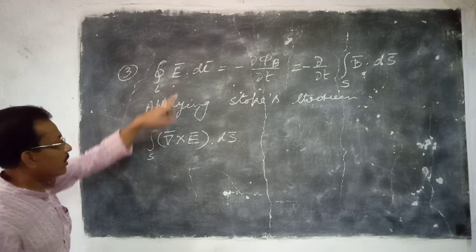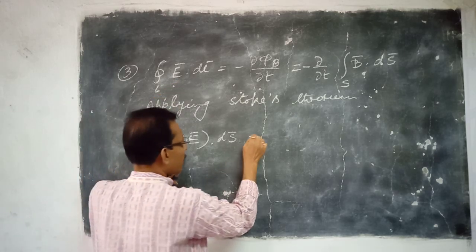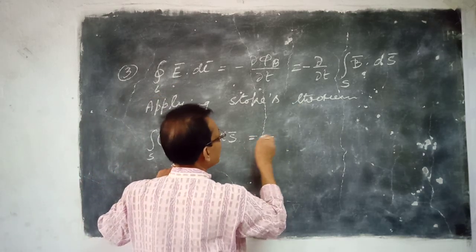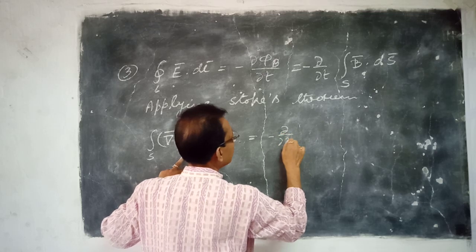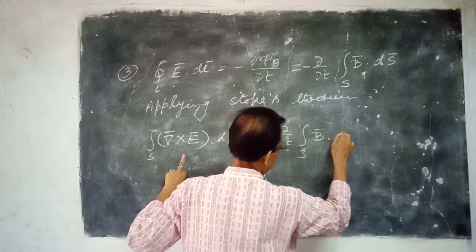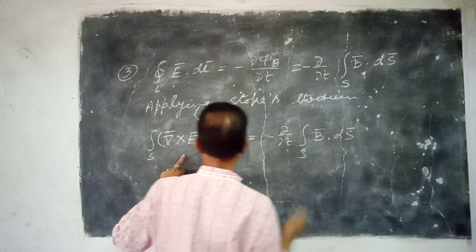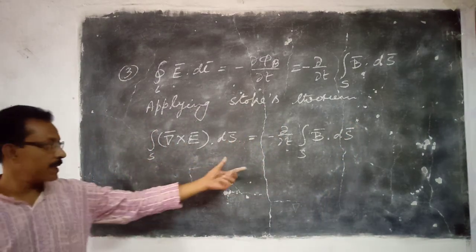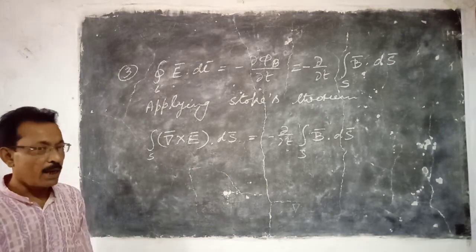The line integral is equal to this surface integral, equal to minus ∂/∂t of the surface integral B dot dS. Same surface integral is involved on both sides and they are equal.